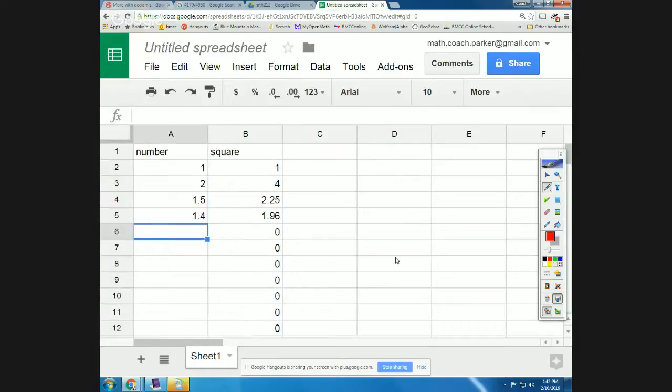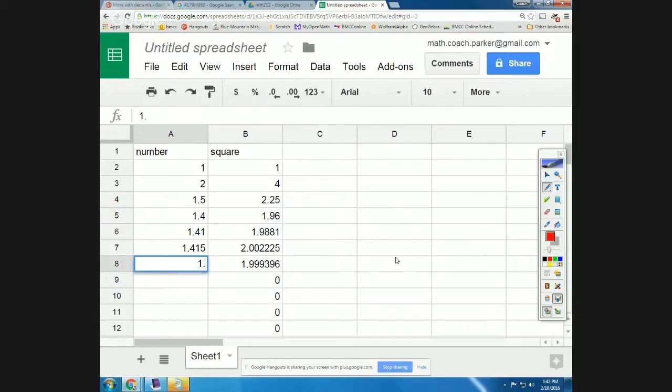So 1.4 is too low. 1.41, still too low. 1.415, too high. 1.414, too low.